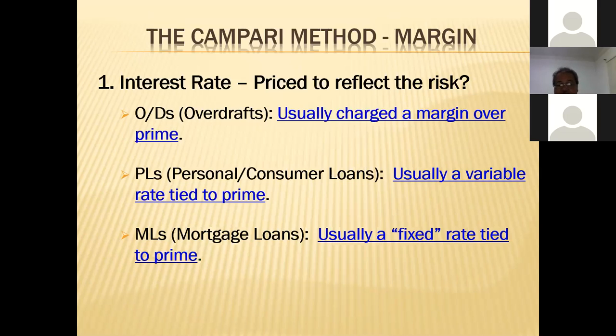So if the prime rate goes up, the mortgage loan overall rate would also go up. If it goes down, the mortgage rate will also go down.